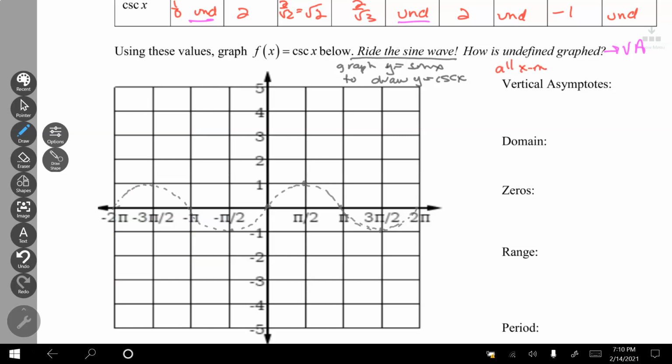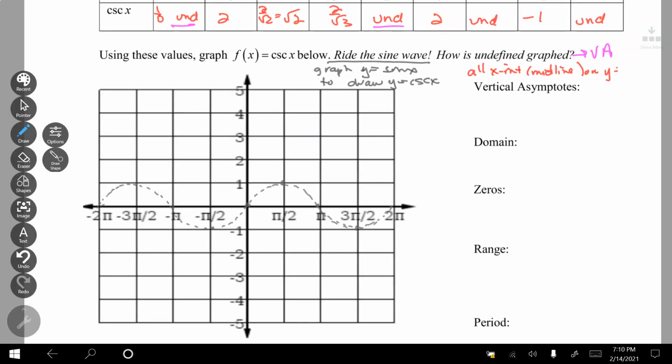All x-intercepts, the dots on the midline, in this case on y equals sine of x, they become the vertical asymptotes. So these dots here that are the x-intercepts, or more importantly, the points that are on the midline, they become the vertical asymptotes.